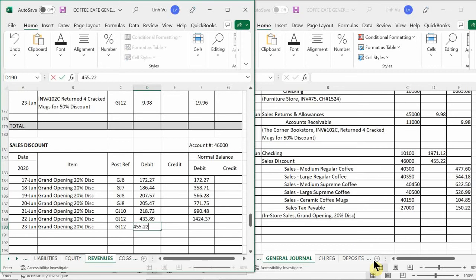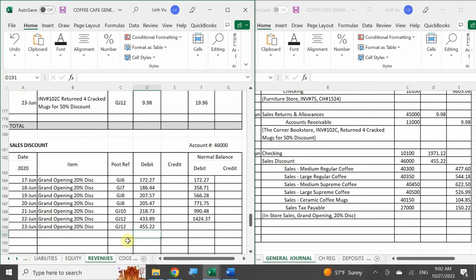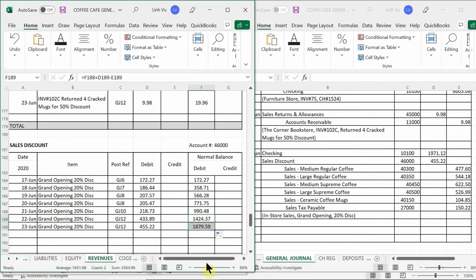How much is my total discounts I have given out? $1,879.59. And that extra 1,879.59 could have gone into my bank account, but it's okay. We needed to bring our customers in to try our coffee. So then what's next?